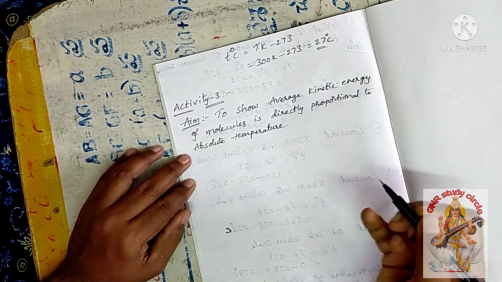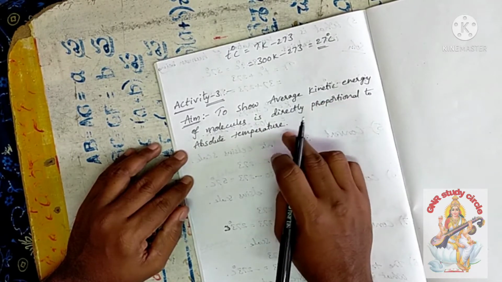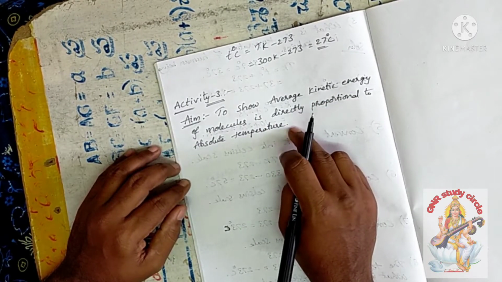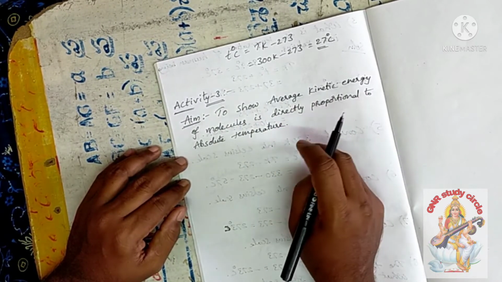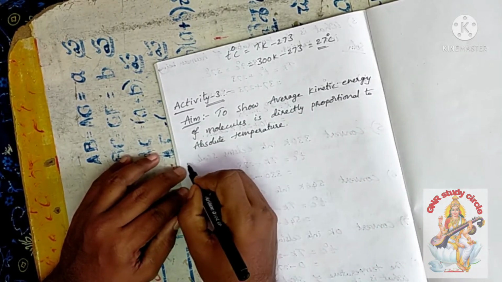So this is the aim of this activity, to show average kinetic energy of molecules is directly proportional to absolute temperature, or absolute temperature is directly proportional to average kinetic energy of the molecules.